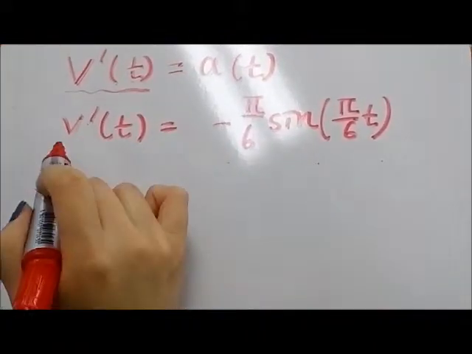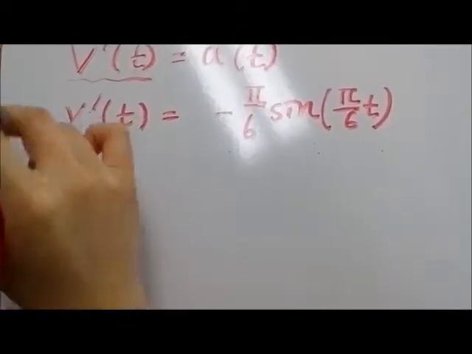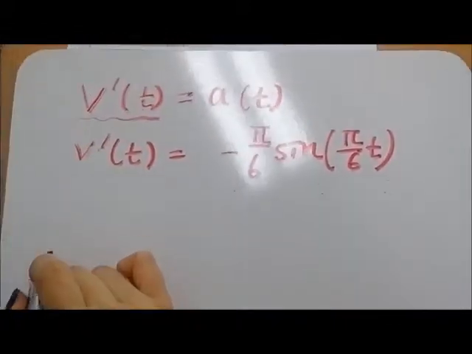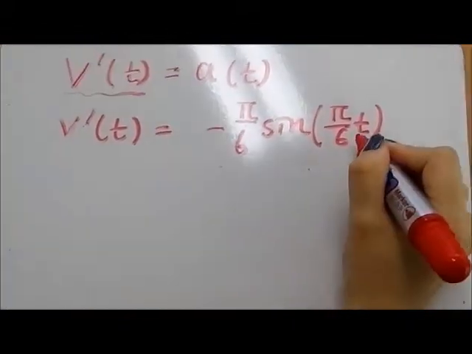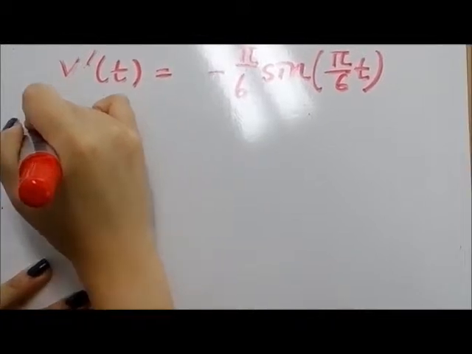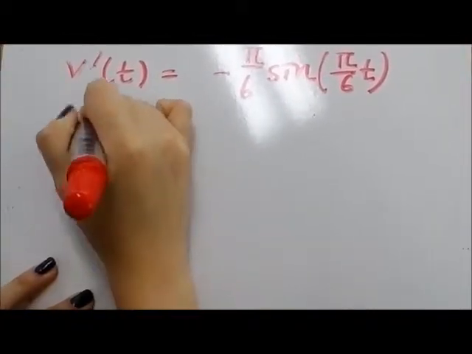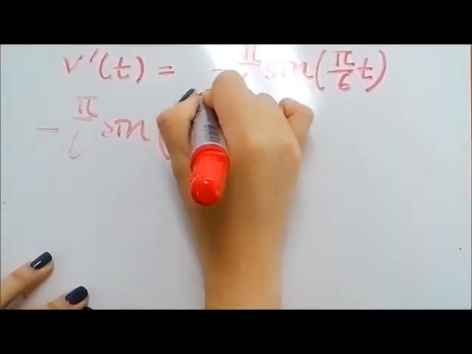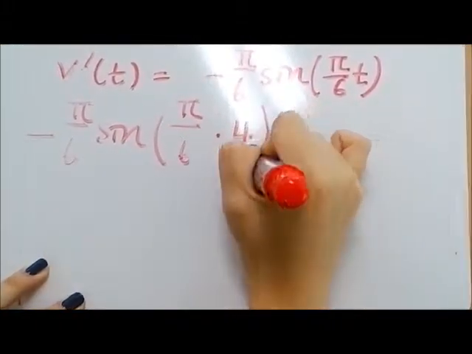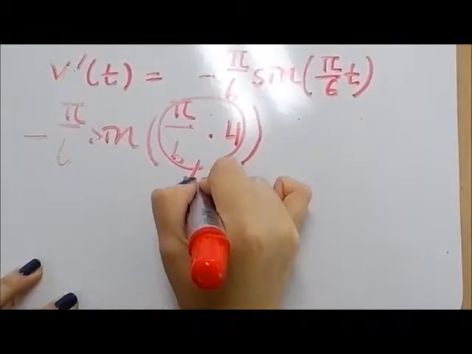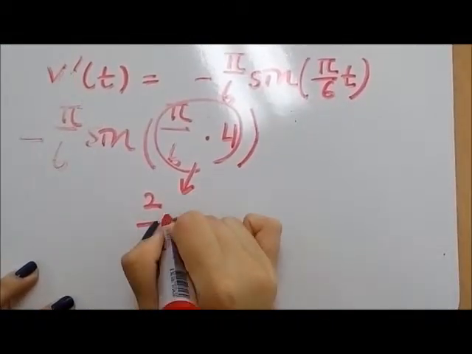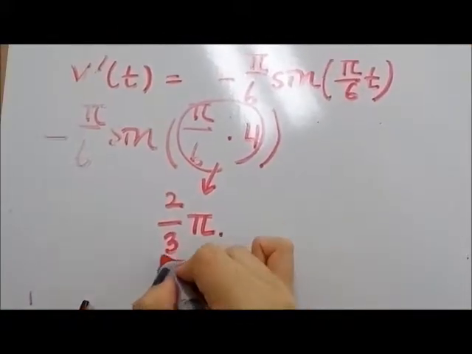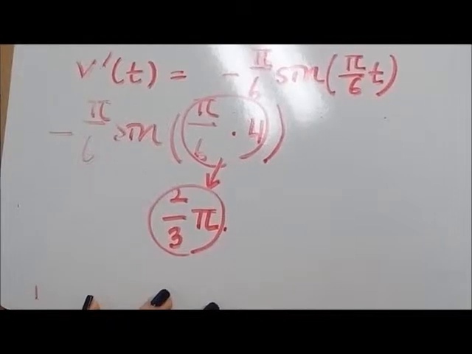If we consider the sign of a of t first, which would be this, at t equals 4, we would have to substitute 4 for t, and this will become this, if we change it into degrees.